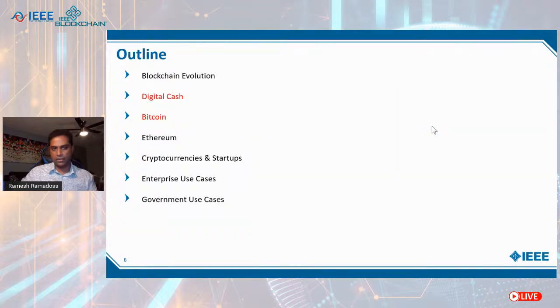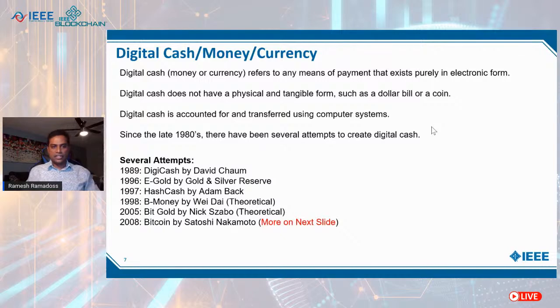Now let's talk about digital cash and then Bitcoin. So digital cash, money or currency, refers to any means of payment that exists purely in electronic form. There's no physical, tangible dollar bill or coin. It's completely on a computer system or systems.